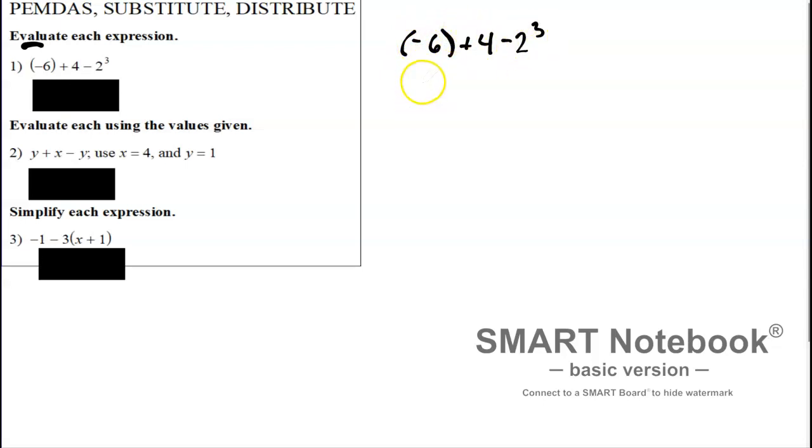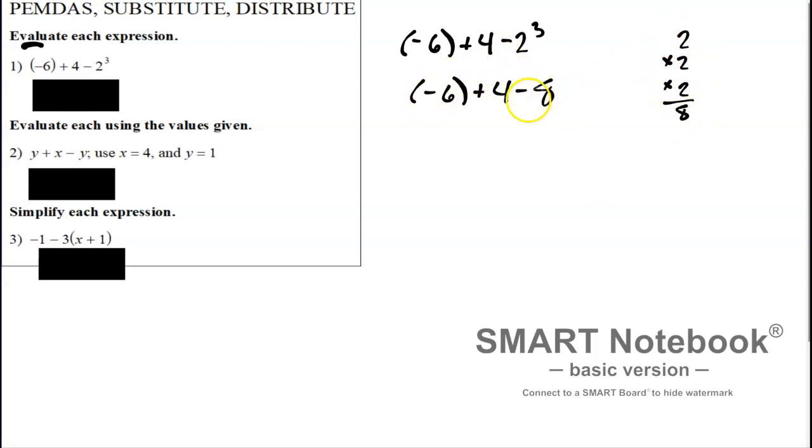So let me go and do that. I'll copy the rest. Now I've got the minus, and then I've got this 2 cubed, okay? So that over here is 2 times 2, which is 4 times 2, which is 8. Okay, so I've got my 8.